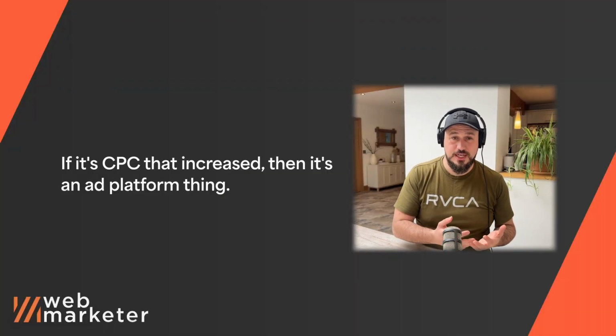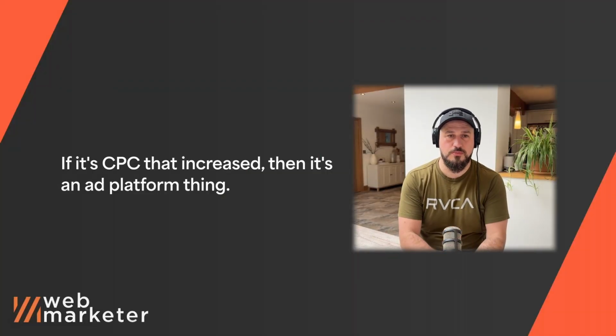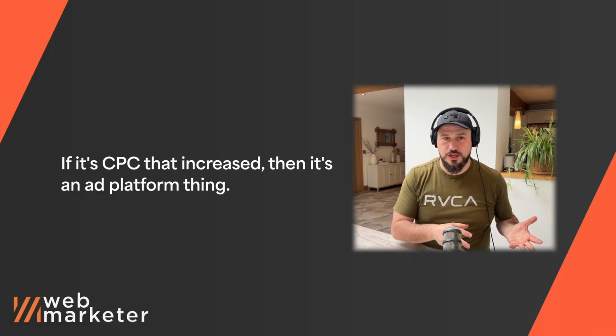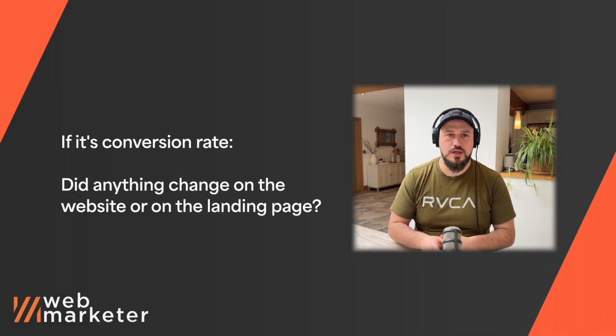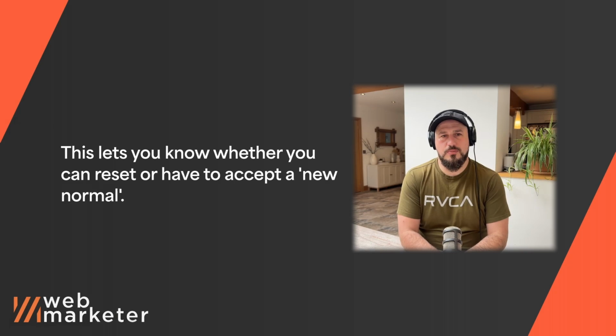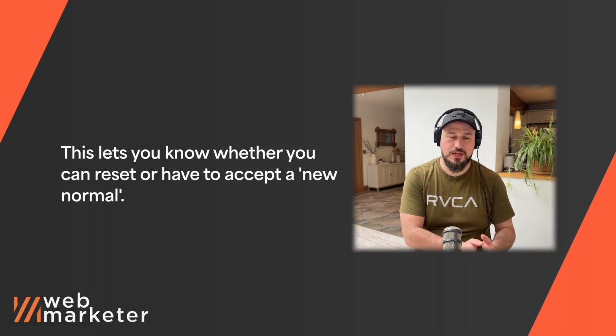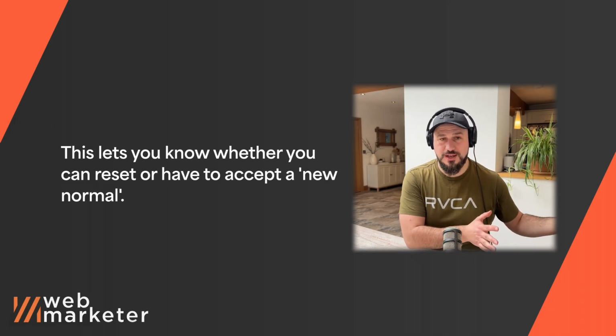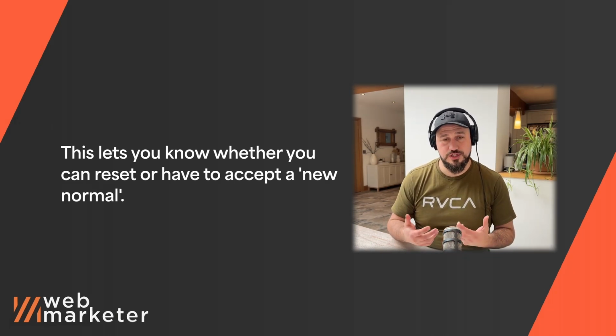If it's the CPC that increased that's causing the problem, then it's probably an ad platform thing. If it's a conversion rate thing, was there anything that changed on the website or on the landing page? Knowing which of these affected the campaigns is really, really useful because it lets you know whether you're going to be able to reset back to the before state or whether you have to accept that there's a new normal moving forward.